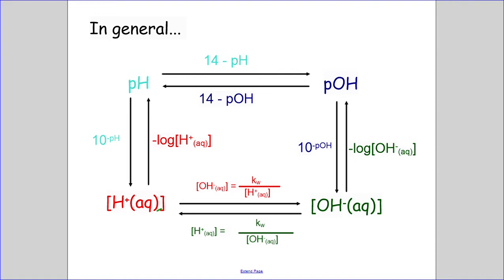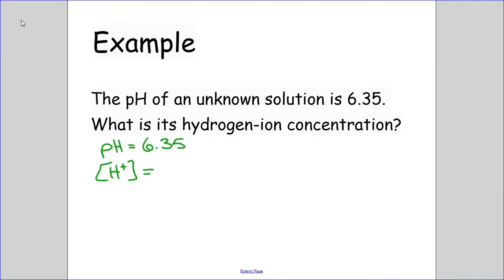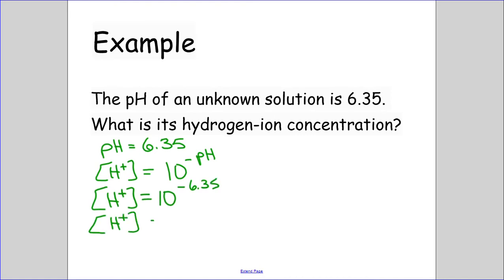Now I'm given pH, and I need to get to H plus, so I'm going from pH to H plus. So H plus in this case is 10 to the minus pH. Now notice that it's not 10 subtract pH, it's 10 to the exponent of negative pH. So in this case, H plus is equal to 10 to the exponent of negative 6.35. H plus is equal to 4.47 times 10 to the negative 7 for molarity.